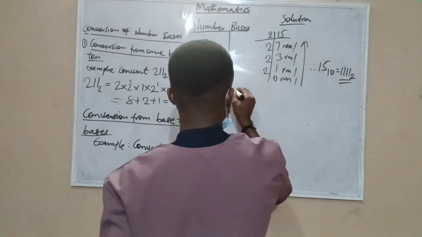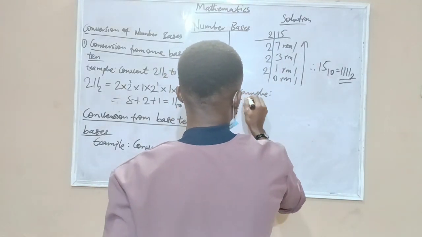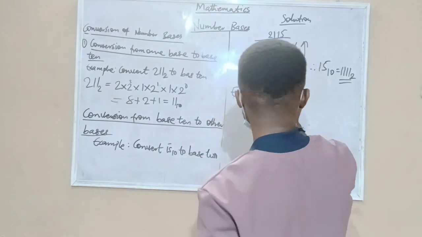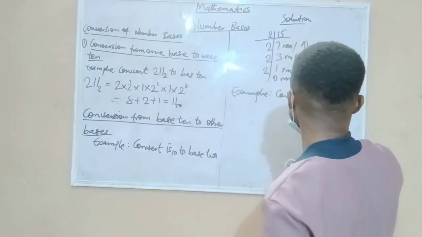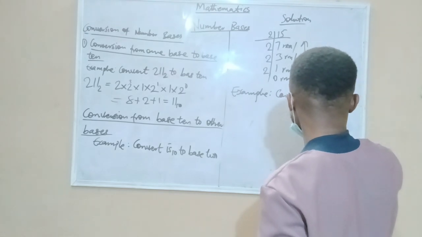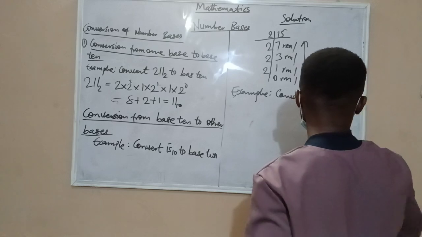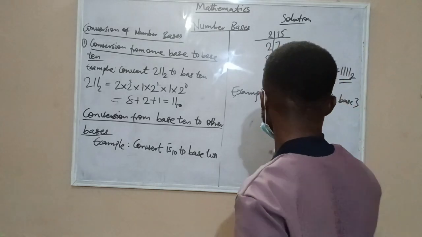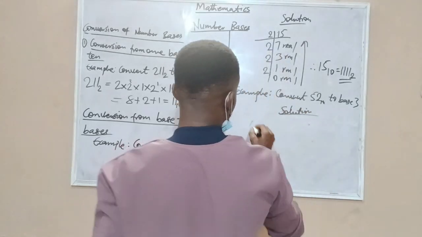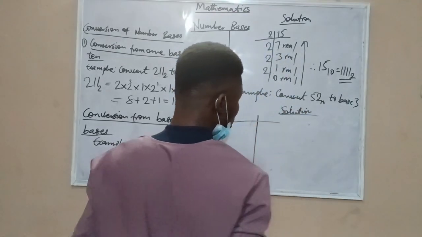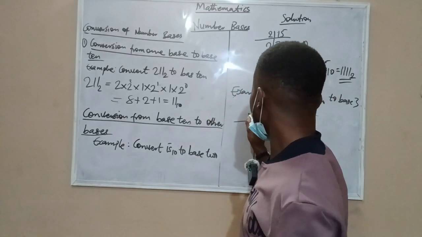And then let's look at another example. This one says convert 52 base 10 to base 3. Let's start this one. Solution: we do our normal division. 52, then we are dividing with 3.